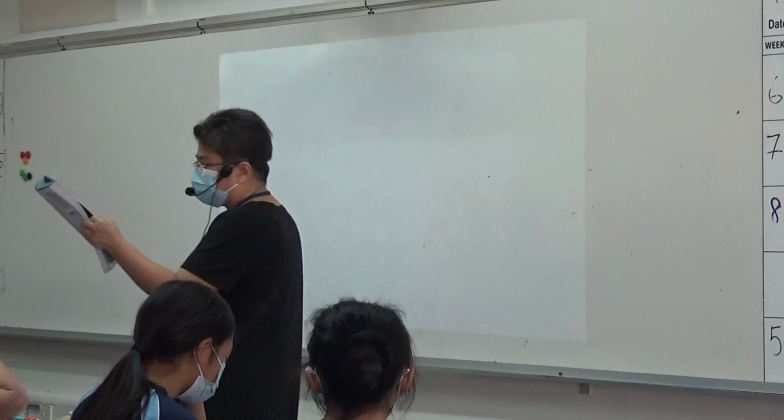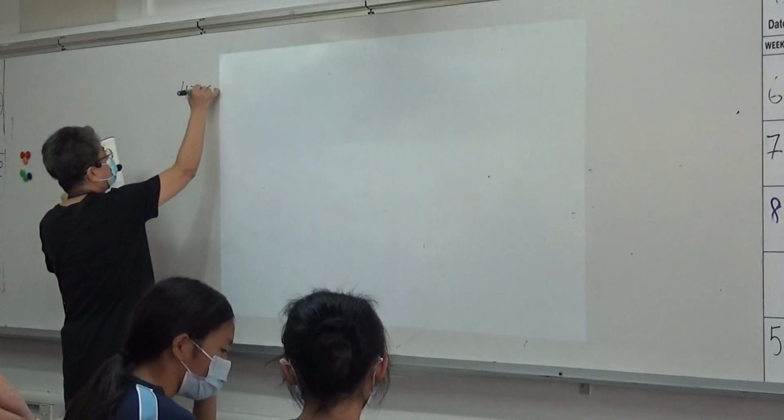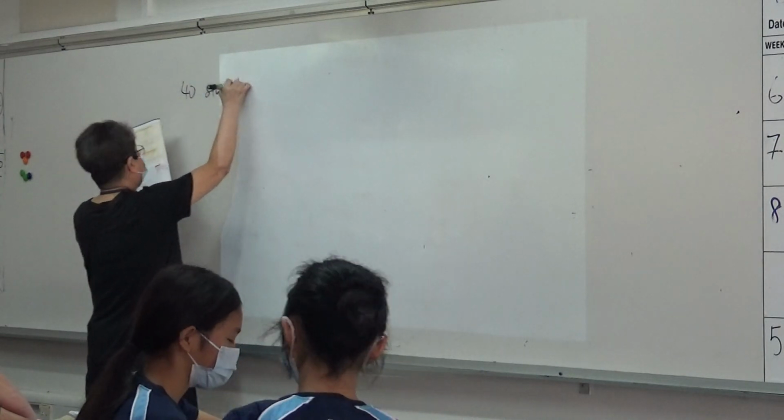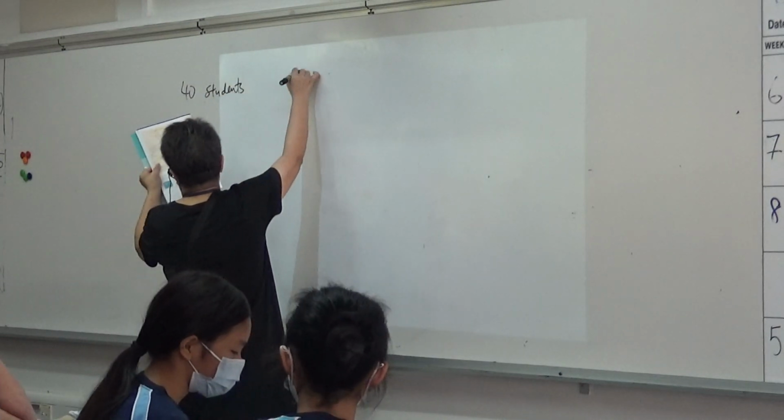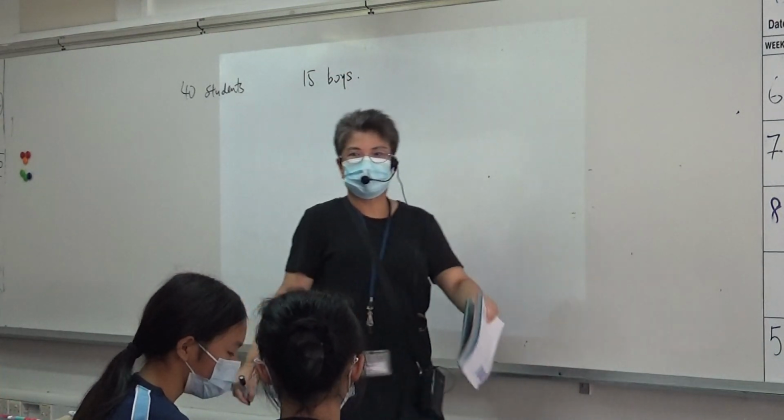Example 3. A class has 40 students, of which 50% are boys and the rest are girls.